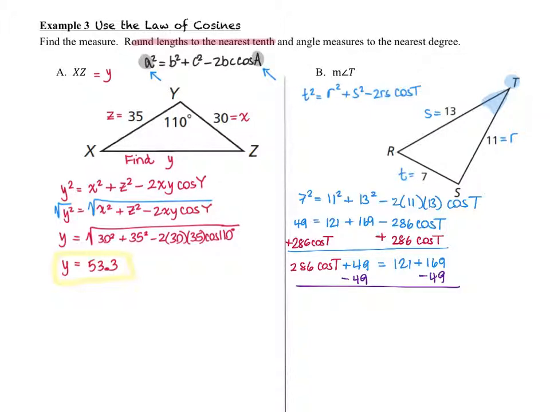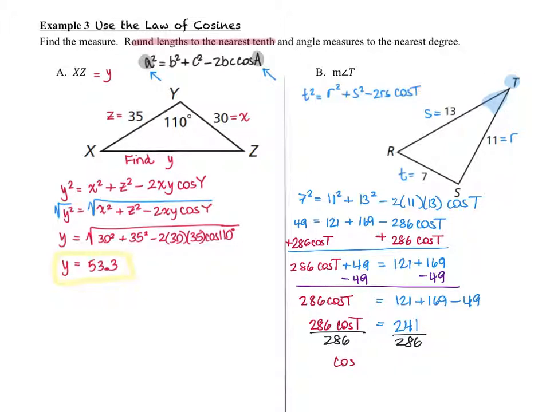And that's going to almost isolate cosine of angle T. It's going to be 286 cosine of T is equal to 121 plus 169 minus 49. That's going to give us 286 times the cosine of angle T is equal to 241. Now, of course, we just divide both sides by 286.